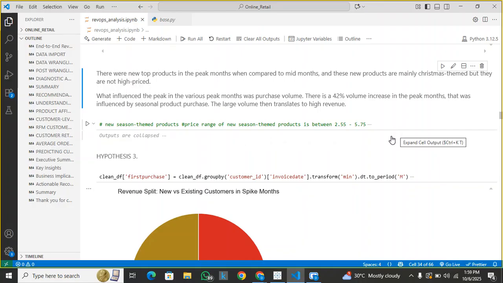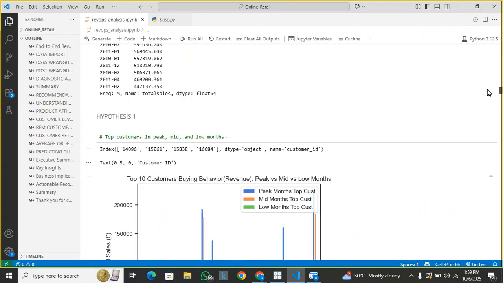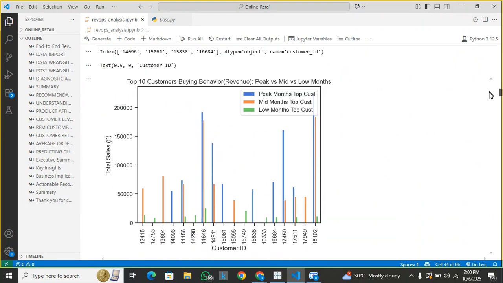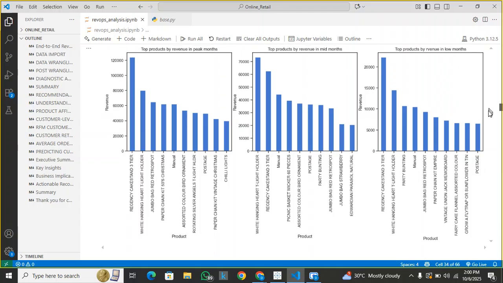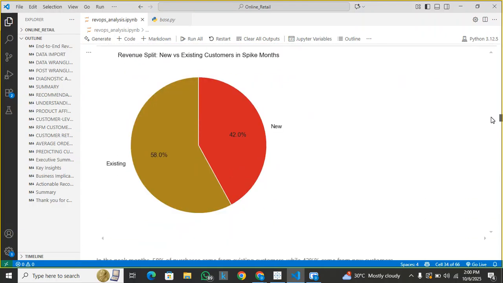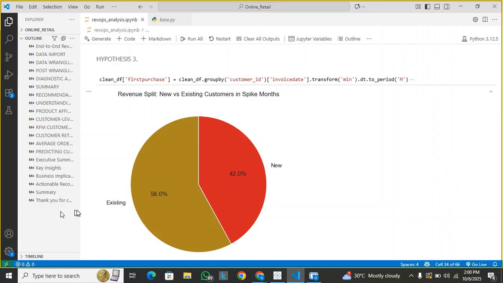products led, and volume. Then for hypothesis three, which is a successful marketing blitz or retention campaign, I carried out a classification of existing and new customers to see how much revenue they contributed in the peak months.